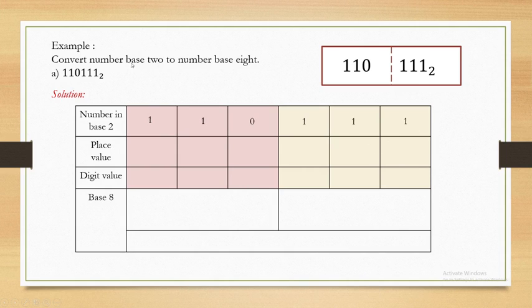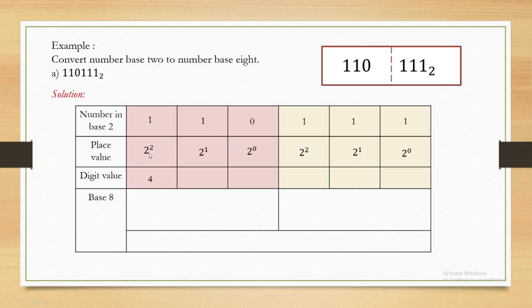This is base 2, so 2 power of 0, 2 power of 1, 2 power of 2. This is another group, so must start from 0: 2 power of 0, 2 power of 1, 2 power of 2. Then to find the digit value is the multiplication of the number and the place value.